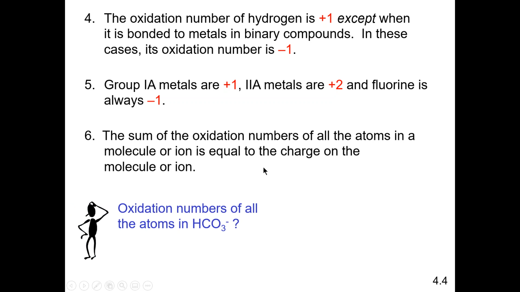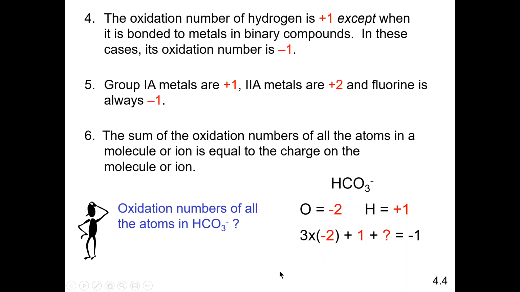So for example, let's say you're given this formula here. This is the formula for the bicarbonate ion, and you're asked, what are the oxidation numbers of all the atoms in this particular ion? Well, we know that oxygen is always -2 excepting in peroxides, and this is not a peroxide. And we know that hydrogen is +1. We also know that the sum of the oxidation numbers in a molecule or ion is equal to the charge on the molecule or ion.